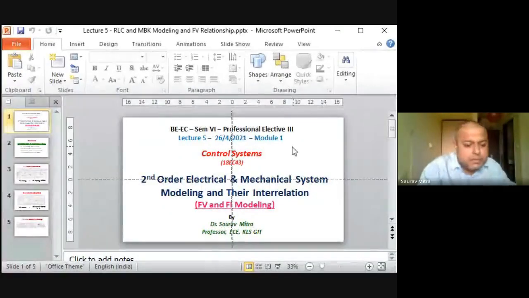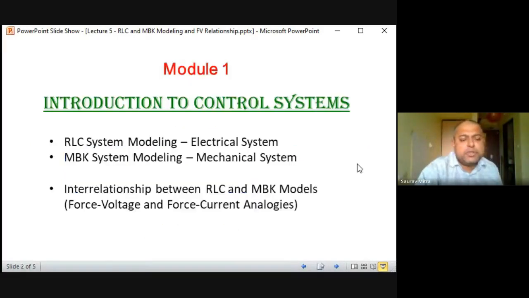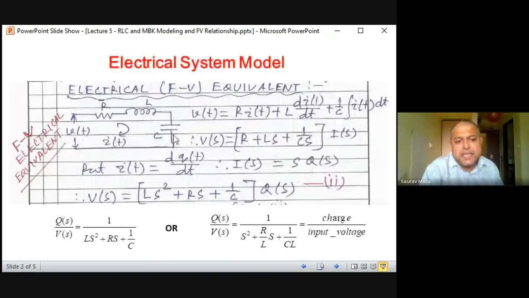Now this is the presentation. I think the presentation is visible. The first two slides I had already shown you. This is the third slide. Is it understandable?